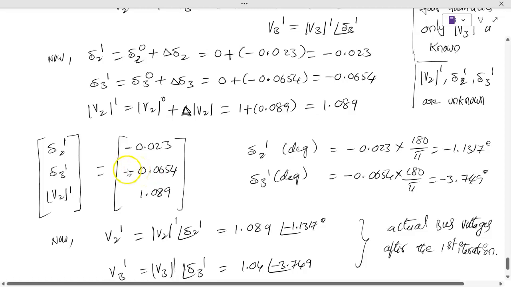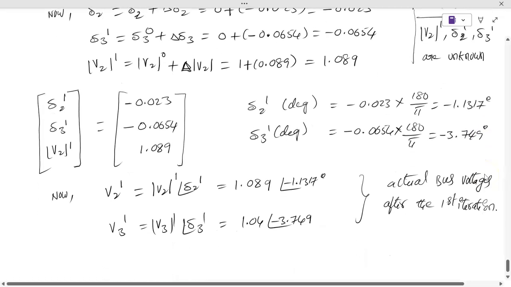Now we are converting these radians into degrees. That is, del 2 in degrees is equal to this value into 180 by pi. That is the conversion from radians to degrees, 180 by pi. We will get minus 1.131790 degrees. Similarly, this into 180 by pi, that is minus 3.749 degrees.